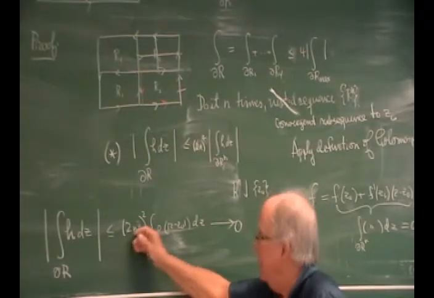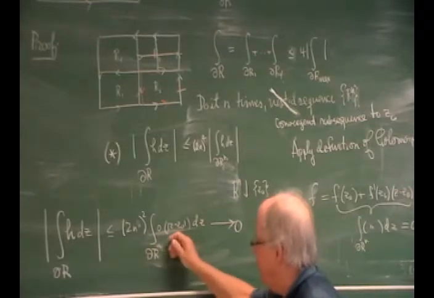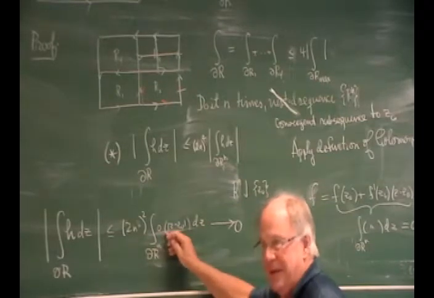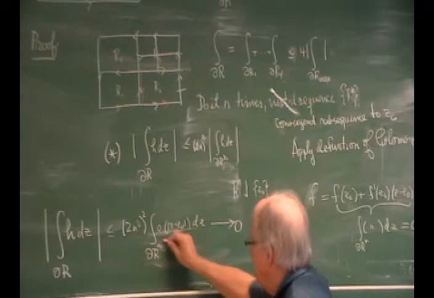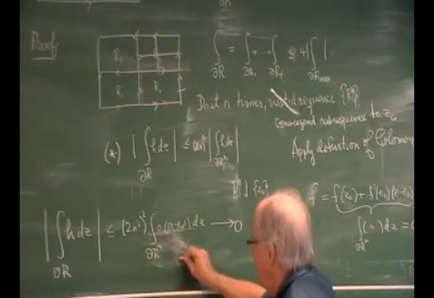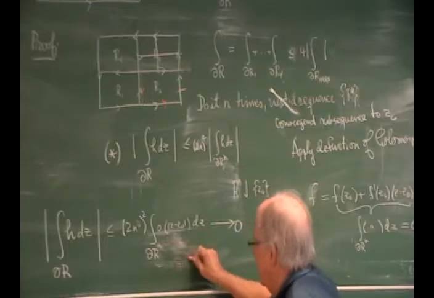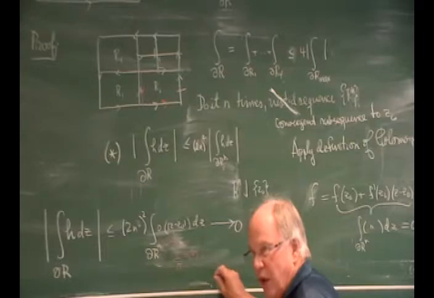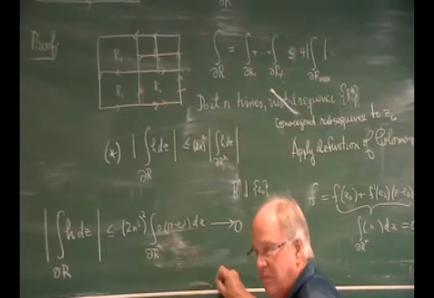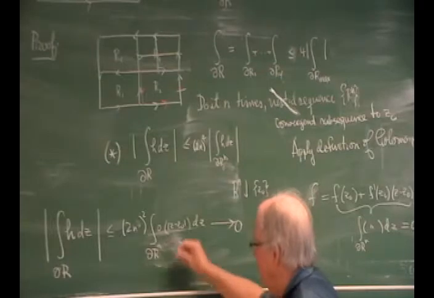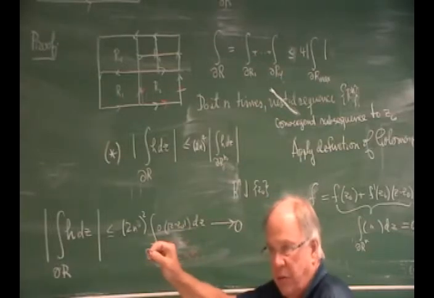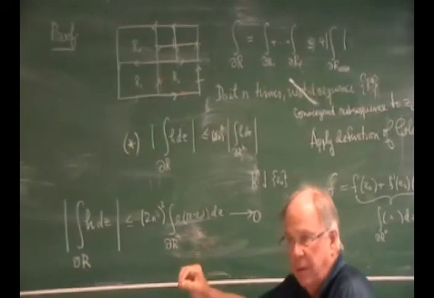And then if you compute out what we have here, this is 1 over n times little o of n. It's incredibly fine. This is 1 over n, because the lengths of the boundaries of the rectangle are 1 over n.